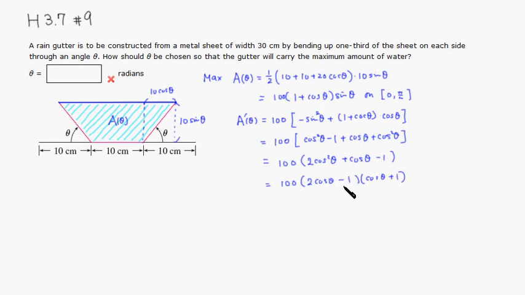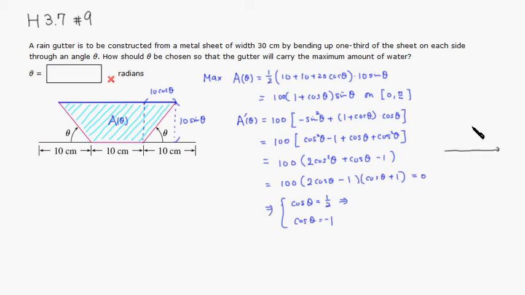We set that equal to 0 to find the critical values. So we want cosine of theta to be 1/2, or cosine of theta to be negative 1.